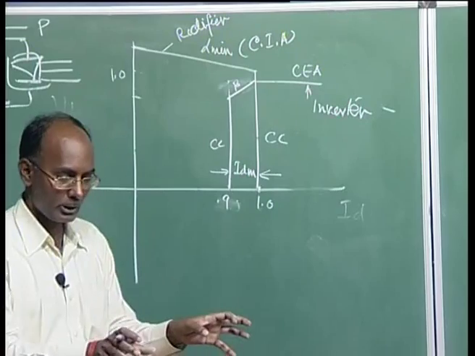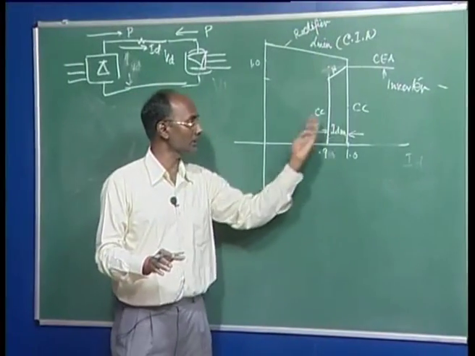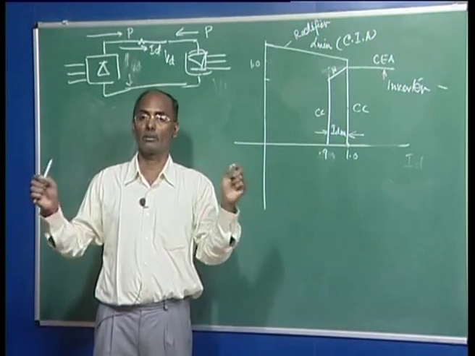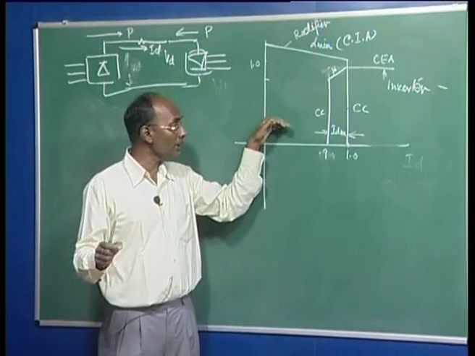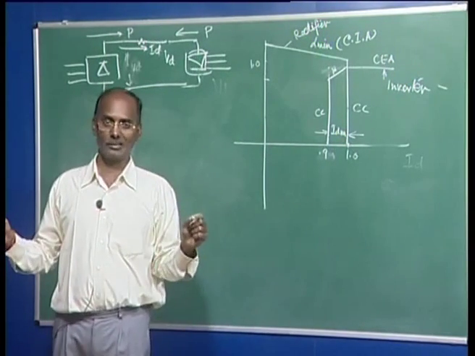So we try to change the margin on both sides so that we can operate at the reduced voltage of this power line. Once you are operating at reduced voltage and reduced current, the power in the link is reduced substantially.